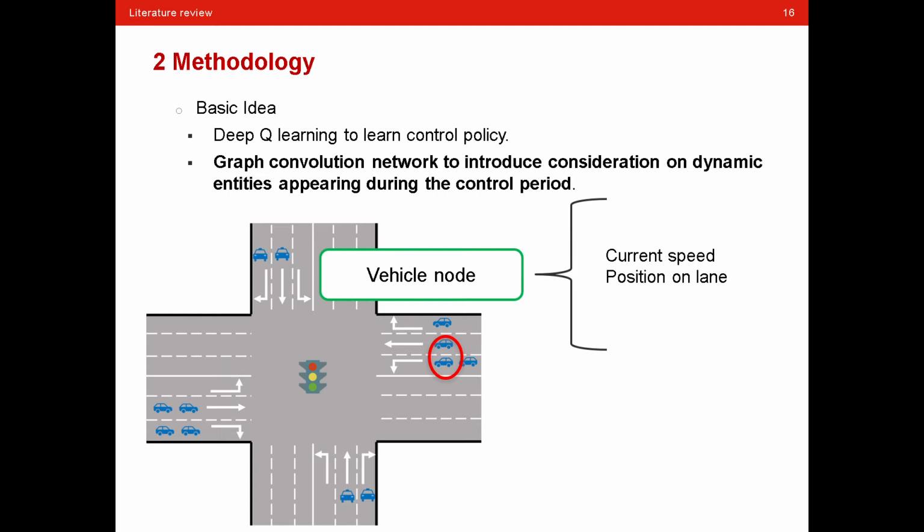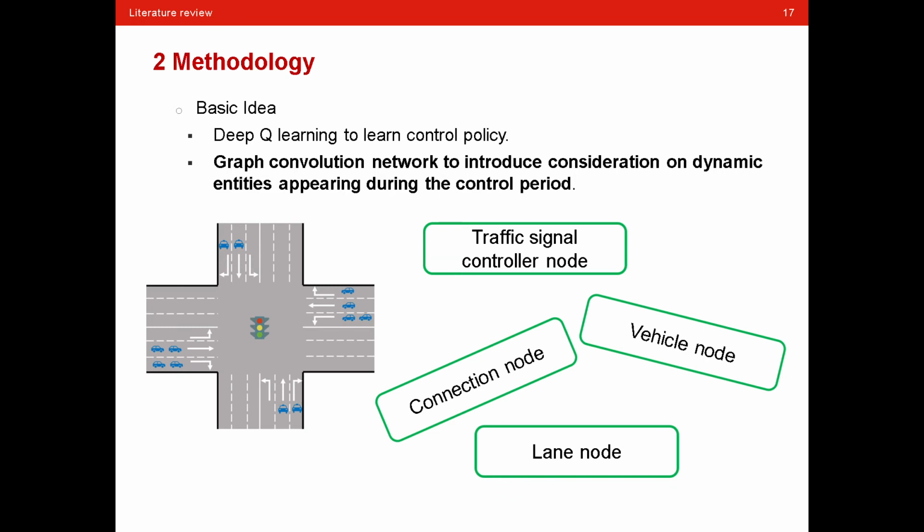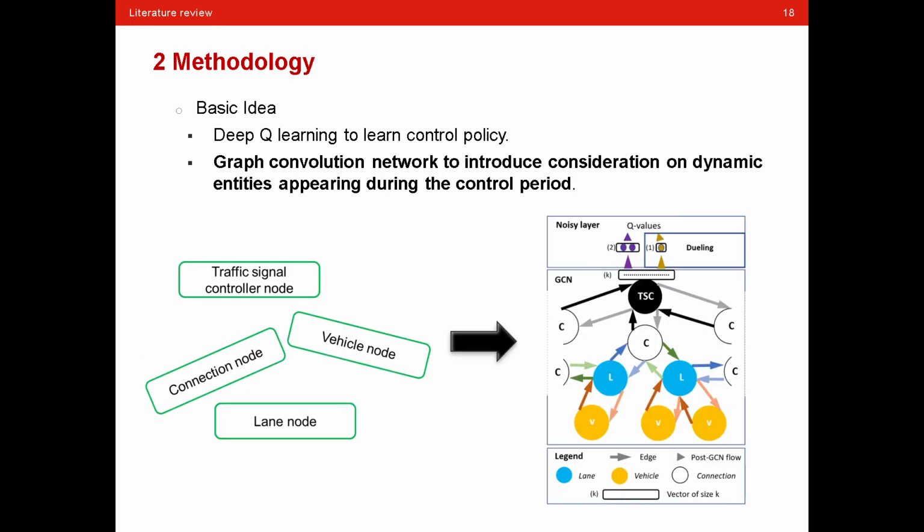The vehicle node is a very microscopic view, and it considers the current speed of the vehicle and its position on the lane. So given these four types of node, we can plug them all into a graph.